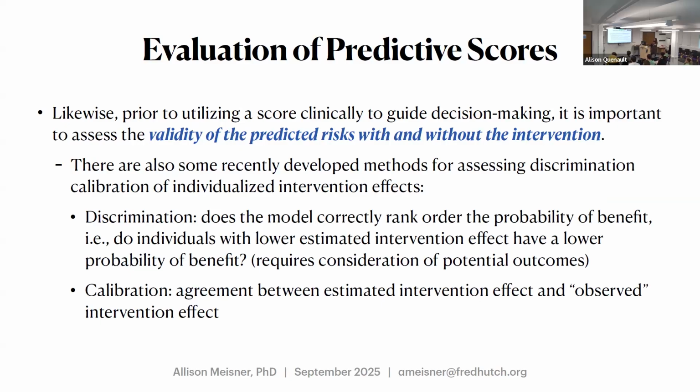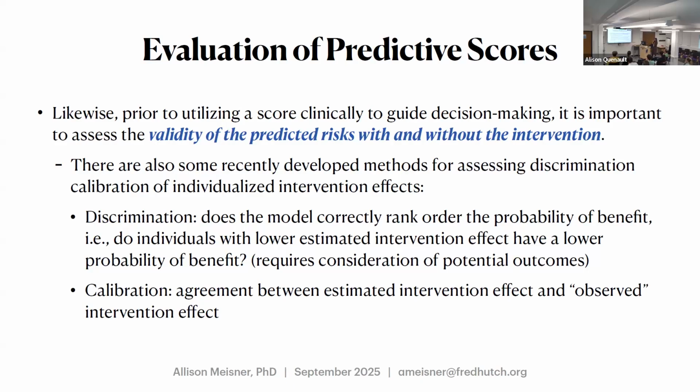In addition to these traditional measures of discrimination and calibration, which are just standard from prognostic modeling, there's also newly developed specialized measures for individualized intervention effects. So there's a proposal to look at discrimination, where the thing that the discrimination is trying to estimate is the degree to which the model correctly rank orders the probability of benefit.